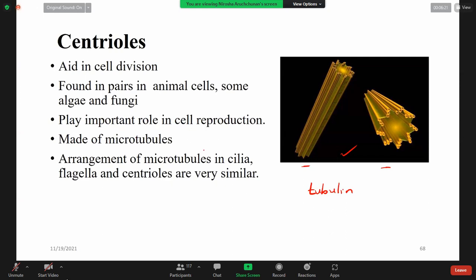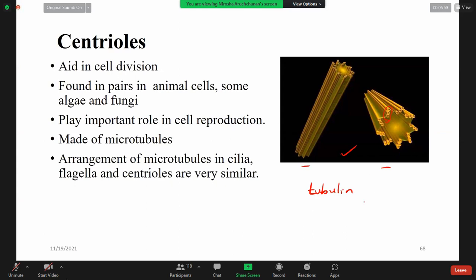Here we see the triplet structure plus 9 equally spaced peripheral fibrils of tubulin proteins, right?